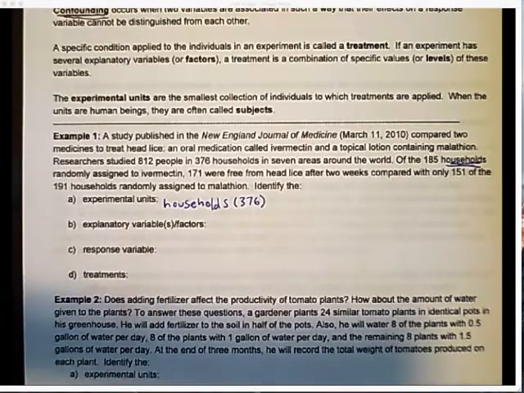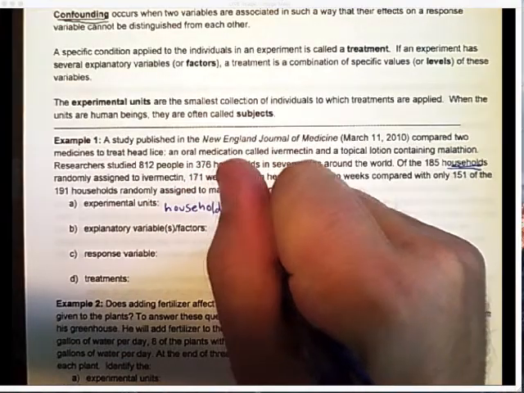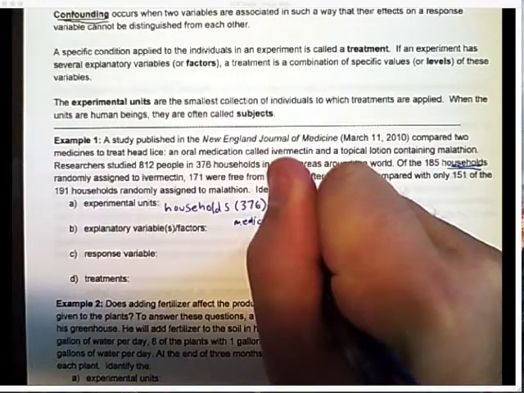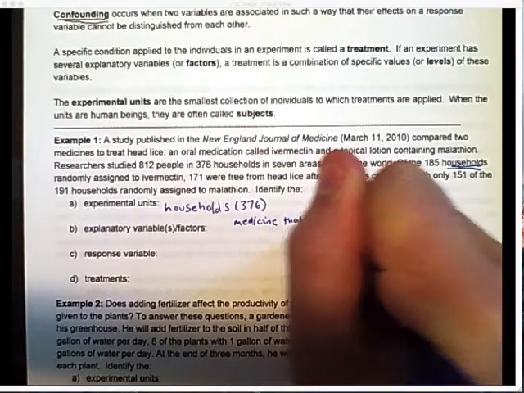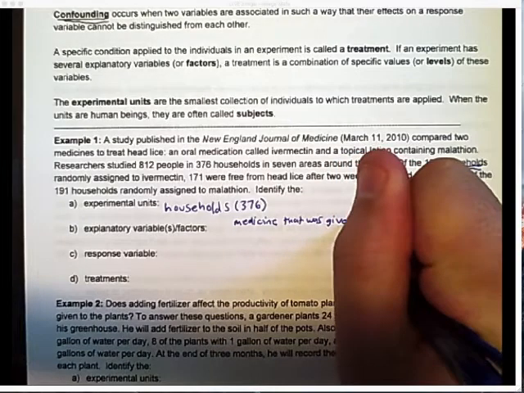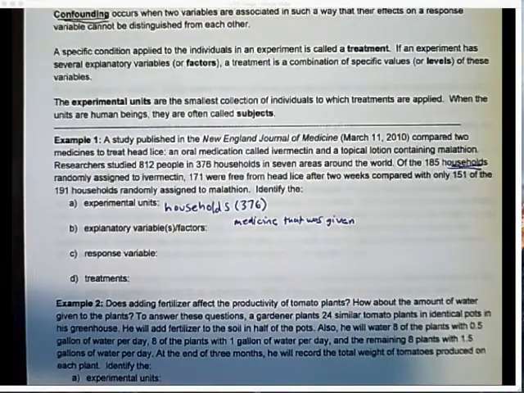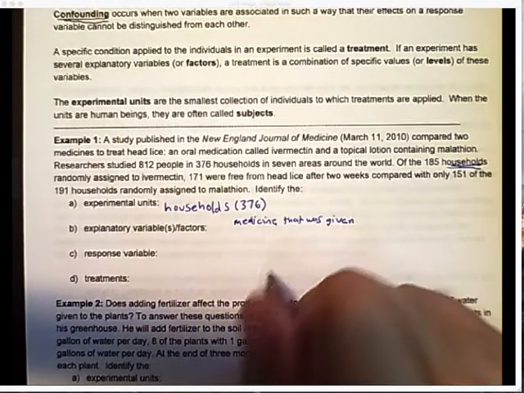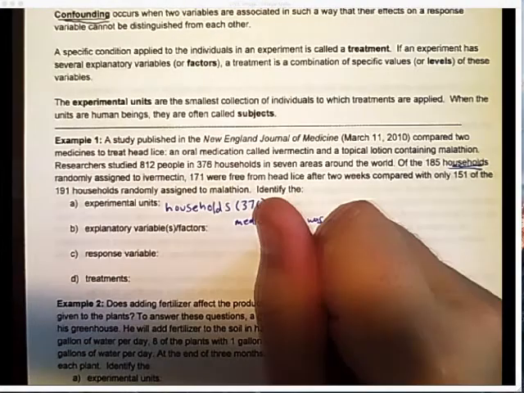So what are the explanatory variables? Well, the explanatory variable is the medicine that was given, and we have two of them in this case.